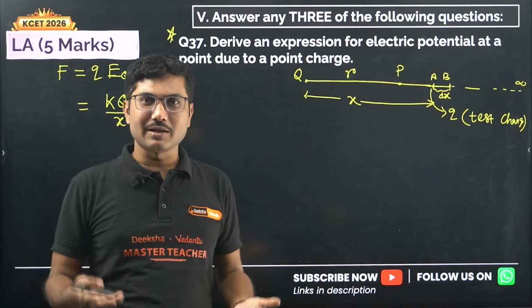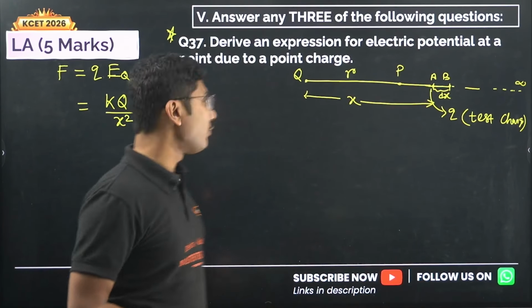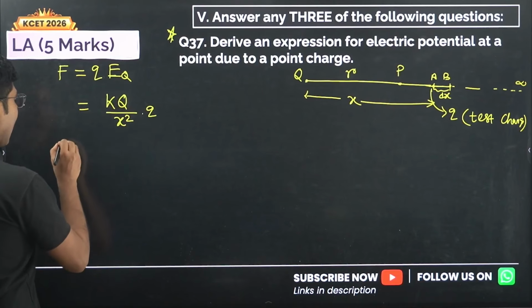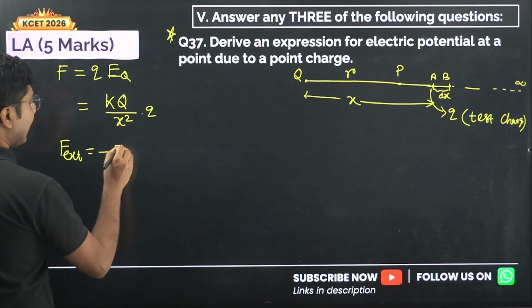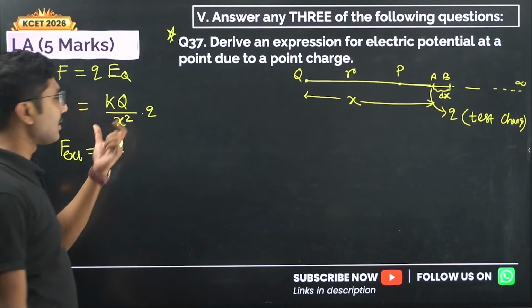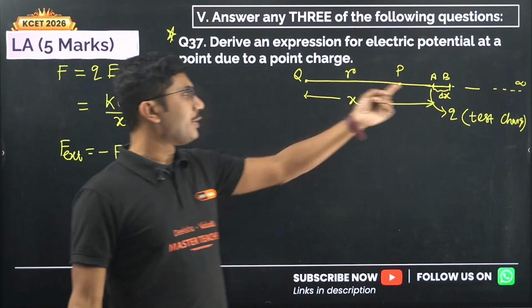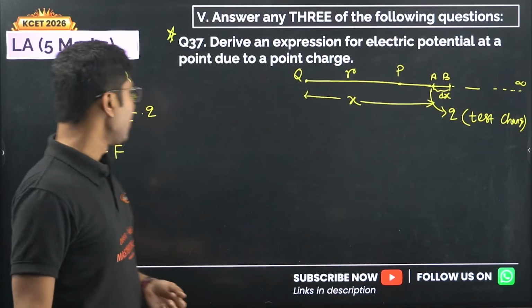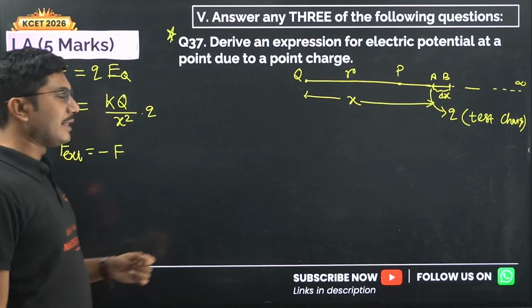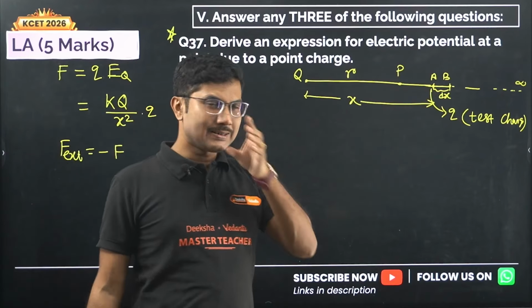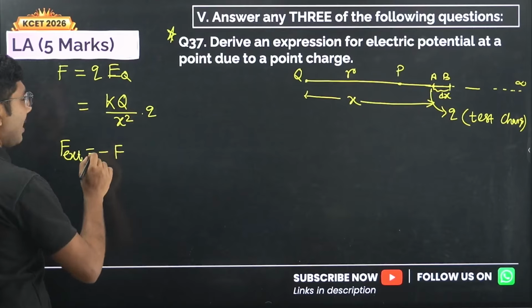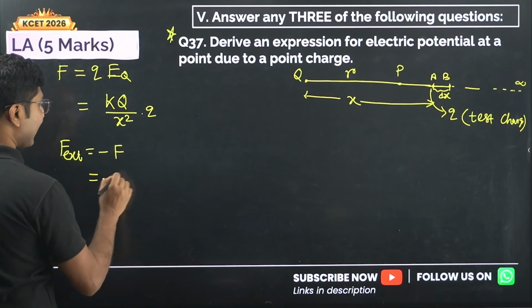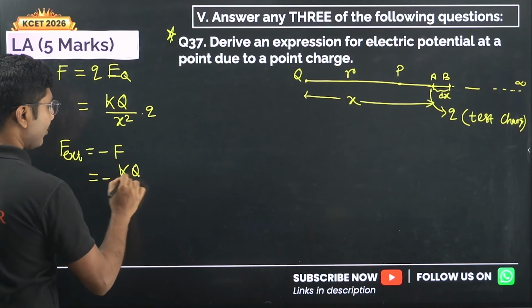The external force that we apply should equal the negative of the internal force, the Coulomb's force between the two charges. So the force we have to apply is minus F, that is minus KQ by x square.